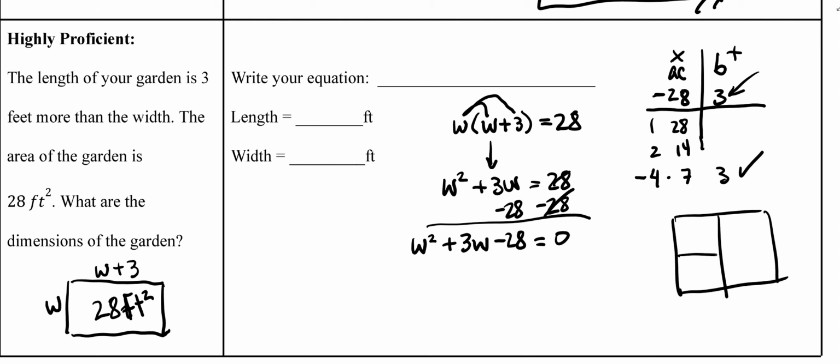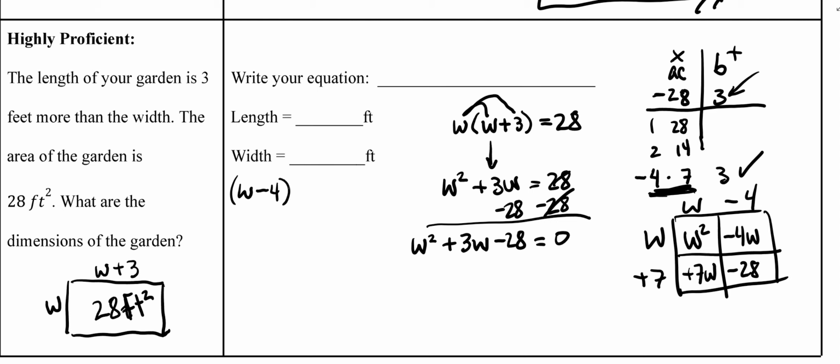So here I can put this in my box and say, here's W squared minus 28, minus 4W and plus 7W, using the negative 4 and the 7. And then I factor out, I get a W here plus 7W here minus 4. And so my factors are W minus 4 times W plus 7, and this is equal to 0.